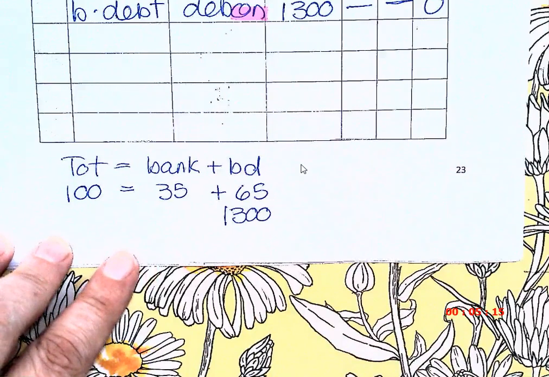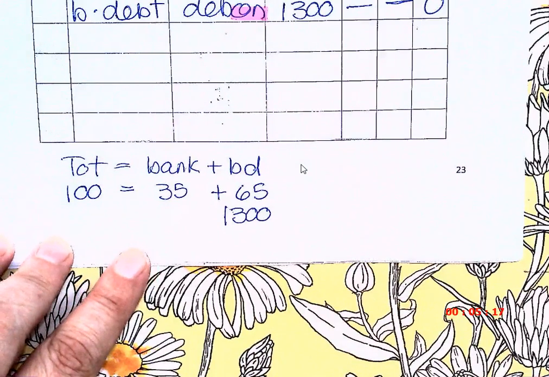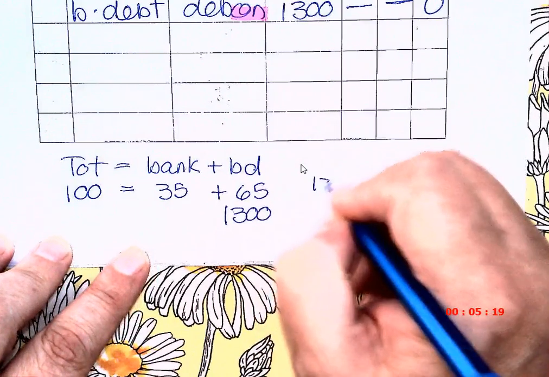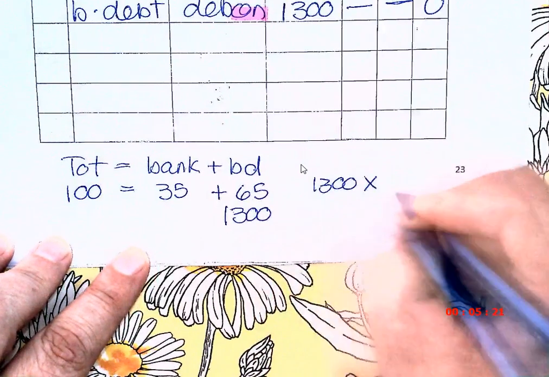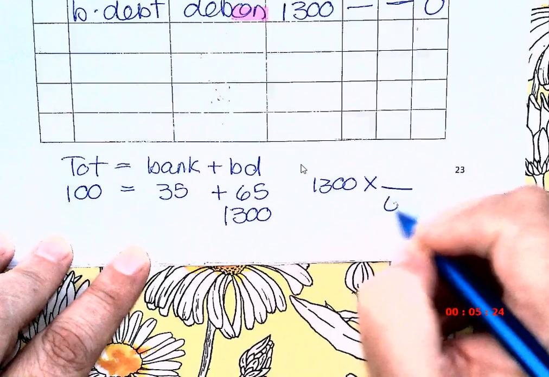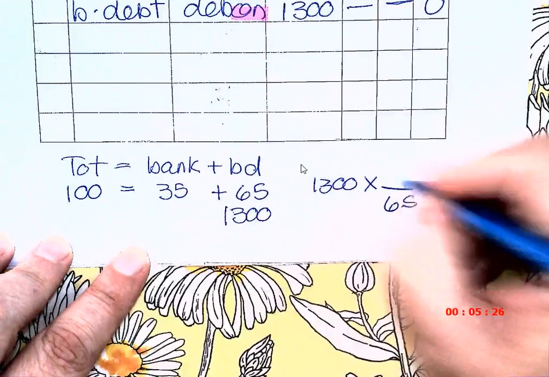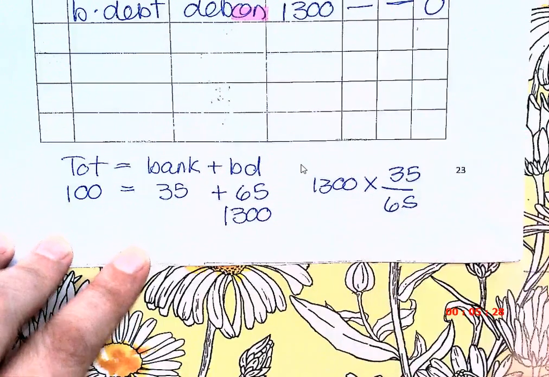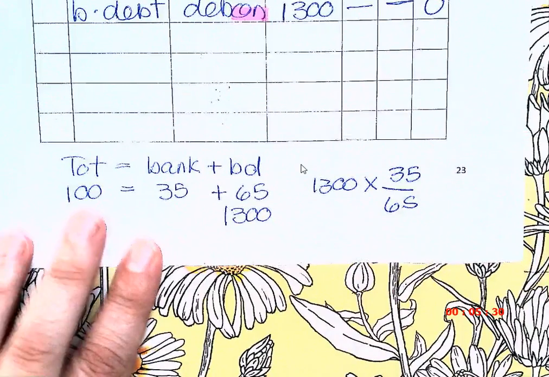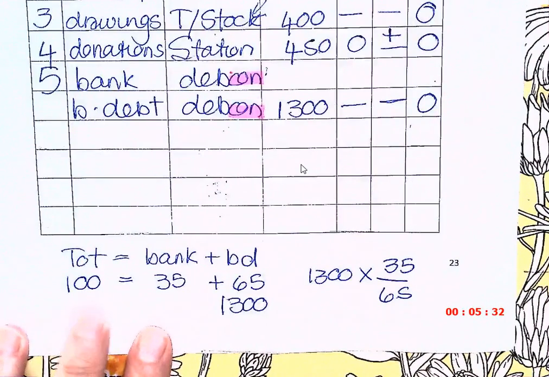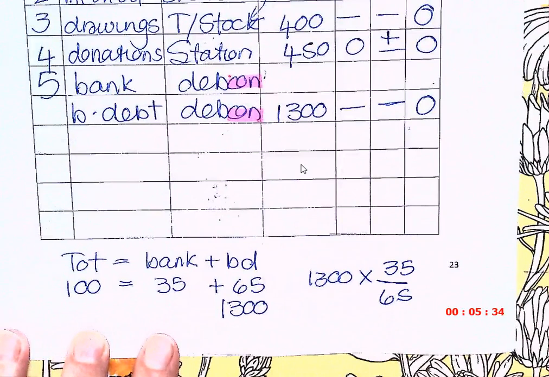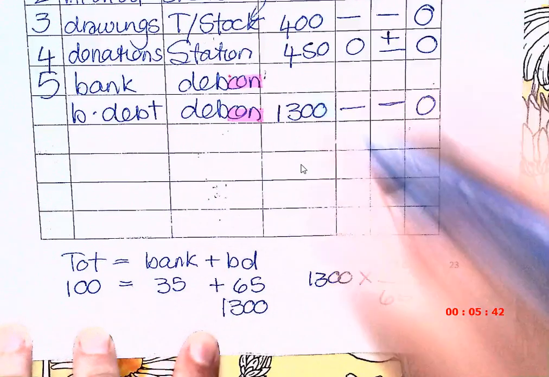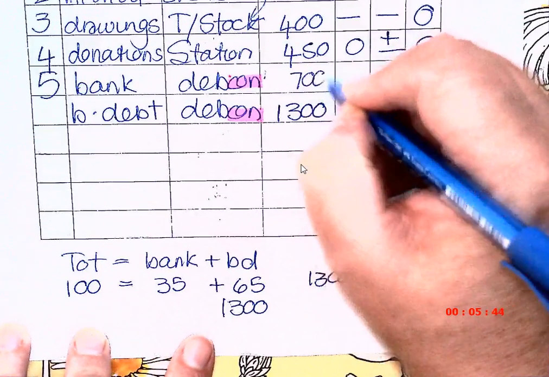So if I do my UK method, I will have 1,300. I'm going to divide by 65, and what do I want? The 35. And how much is my bank then? How much will I receive? Anybody? 700. And you can go test.